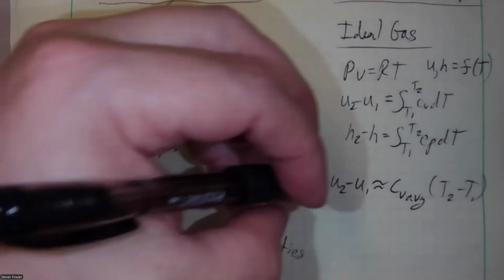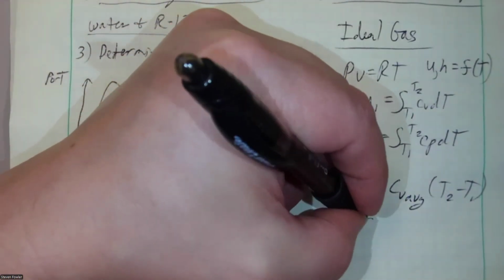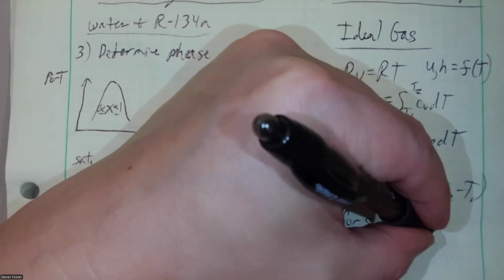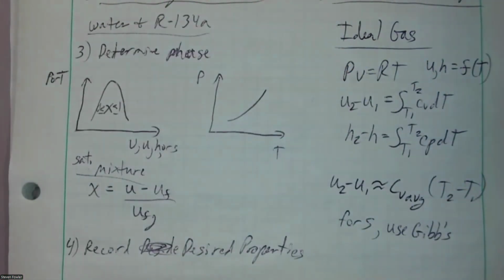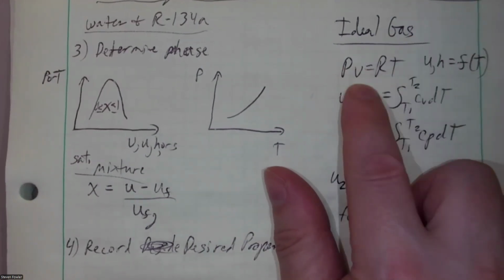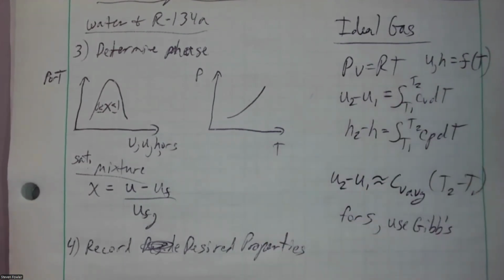That's perfectly fine. For S, we use Gibbs equation, which we'll talk about later when we get to chapter 7. So that's how we get U's, H's, and we use Gibbs equation for S. And if I need to relate P, V, and T to each other, it's a linear relationship using the ideal gas law. Okay.